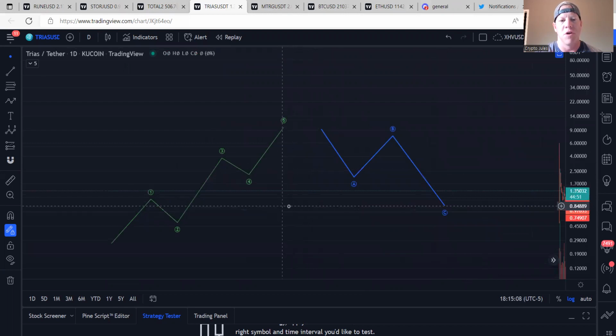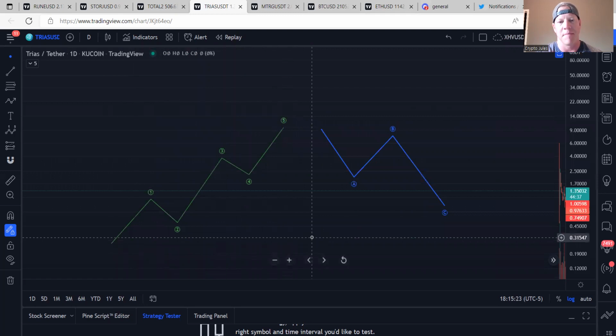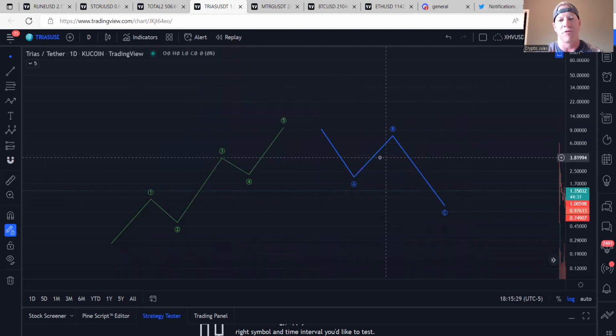for those of you who don't know, Elliott wave principle has 2 basic structures. You have an impulsive structure, which is this green structure, which moves in 5 waves in the direction of a trend. That trend can be up, that trend can be down, it doesn't really matter. And then you have a 3-wave corrective structure, which moves counter trend. So if your trend is up this way, then your ABC, your corrective structure, will go down against it.